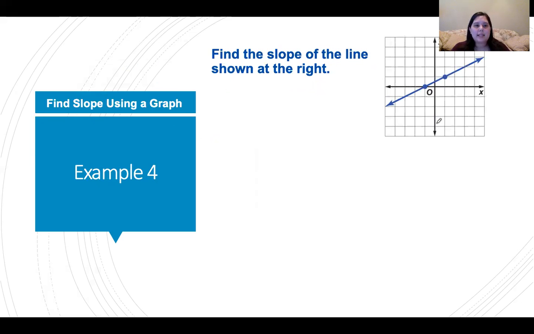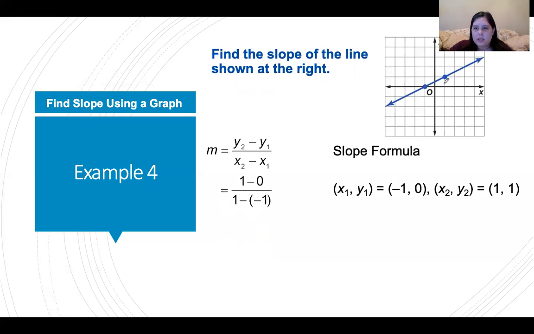And for our last example, we have find the slope using a graph. Looking at the graph, we can find two coordinate points. And we can see here (1, 1) and (-1, 0). So those are our two coordinate points.